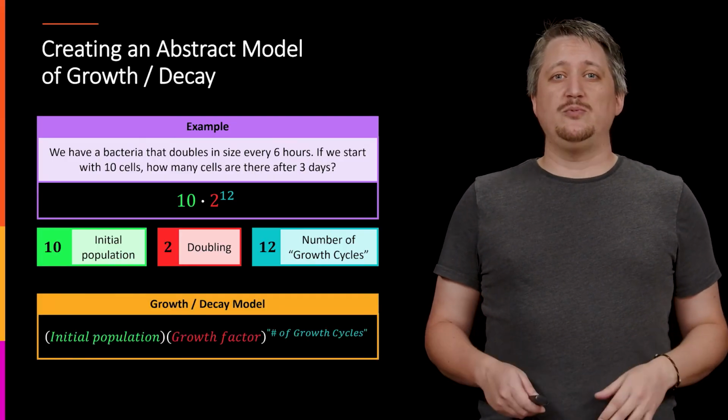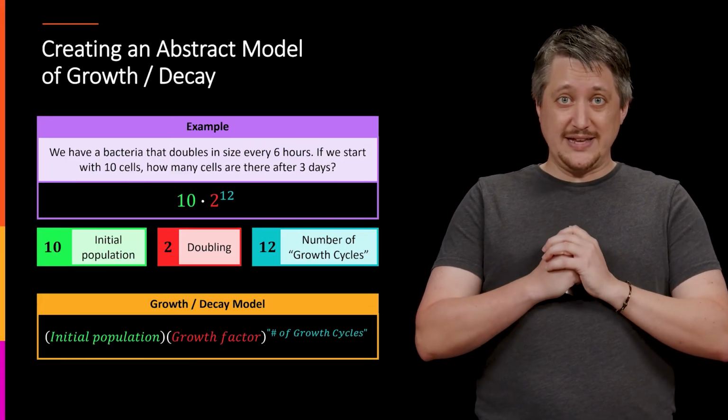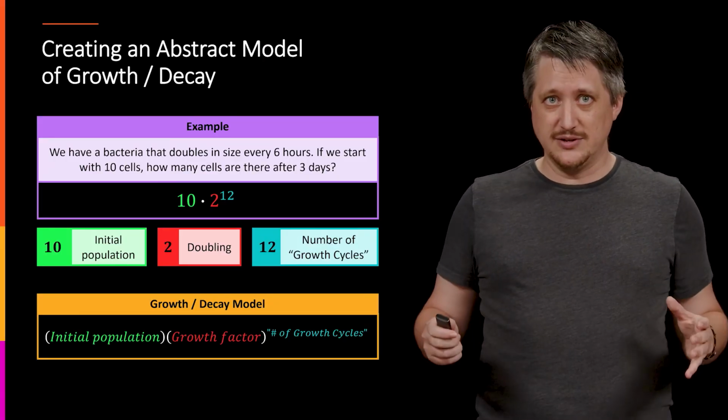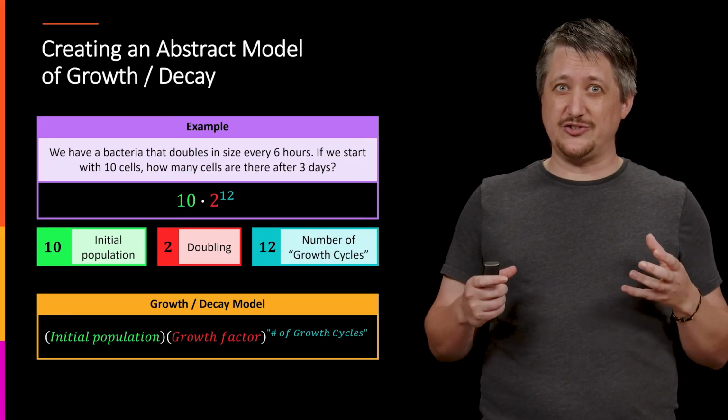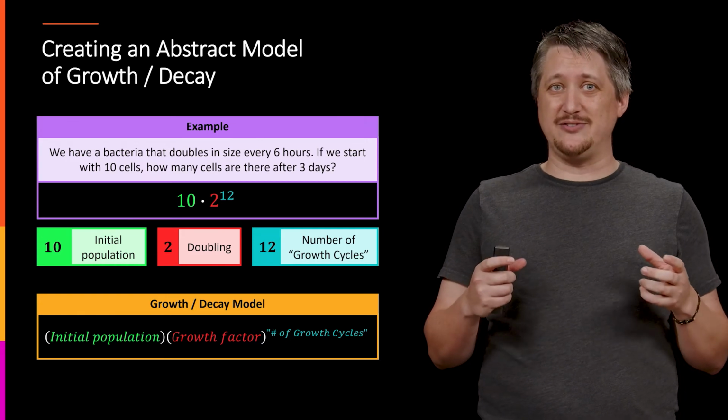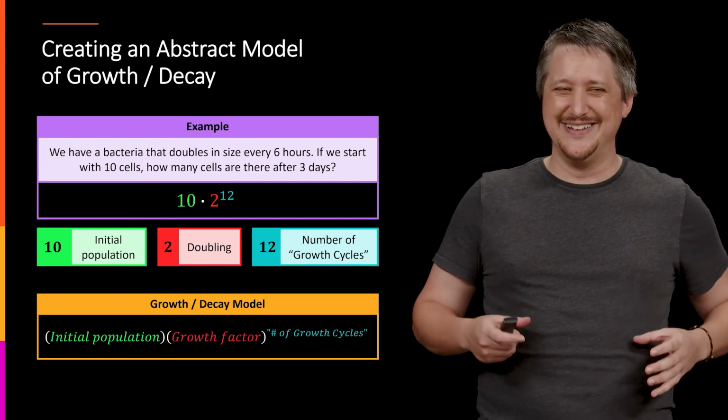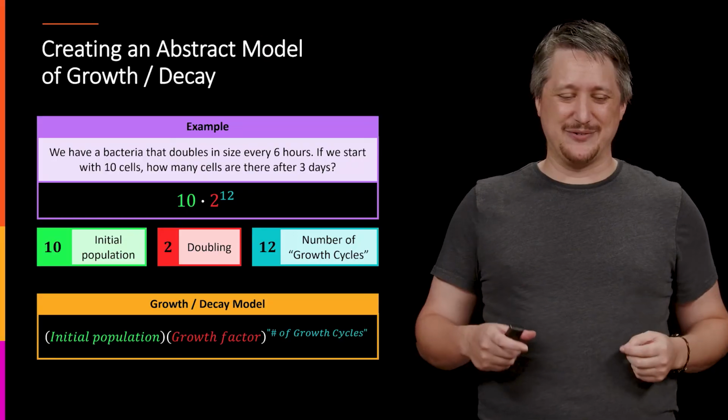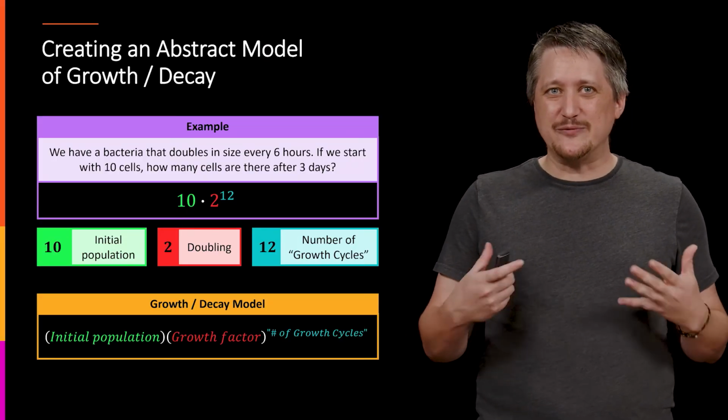Using these 3 things, we can write down really any growth decay model ever. Even the one with the asterisk follows this. It's just that the growth factor is very unclear because it's hidden for reasons. But nonetheless, it still conforms to this idea.